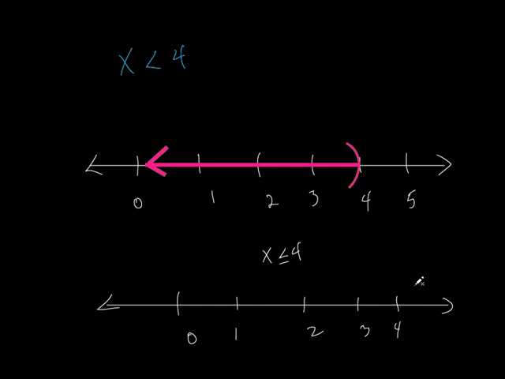You'd put a bracket. At 4, you'd put a bracket like that, and then you would shade everything to the left. In the old days, we put a closed circle, but now we're going to put a bracket, because tomorrow we're going to show you this thing called interval notation, and you'll see what I'm talking about then.